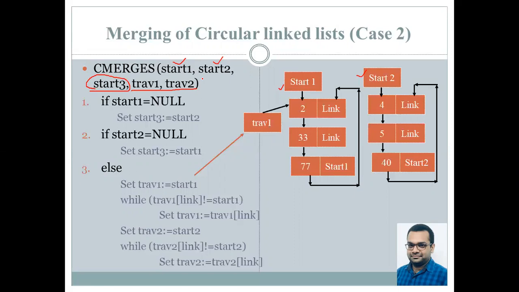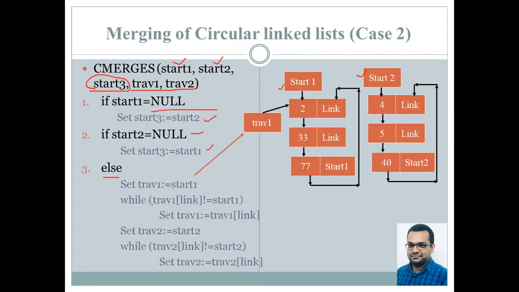Let's see how. We'll initially check if start1 is equal to null. Then we simply place start2 in start3, or if start2 is null, then we simply place start1 into start3. If none of these things are true, the control jumps to the else part. We first of all initialize traversal1 with the address of start1, that is the first node of the first circular linked list.